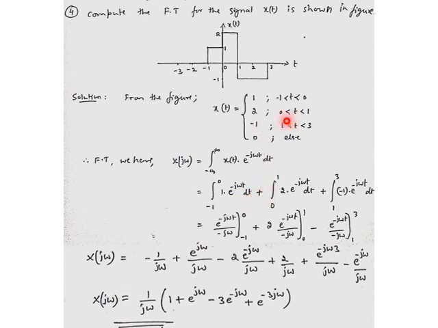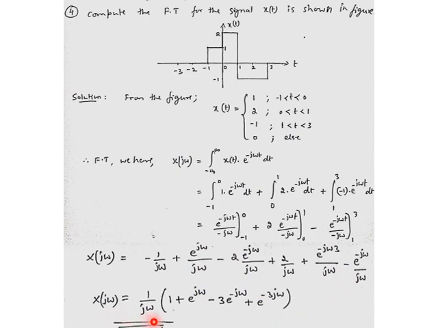The next range is 0 to 1 for integration, with amplitude 2 for x of t, into e to the power minus j omega t dt as it is. The next range is 1 to 3, for the integration with x of t equal to minus 1, e to the power minus j omega t dt. Else all is 0, so the other ranges need not be considered. Apply the integration, then apply the limits, simplify it. I can find the final answer now.